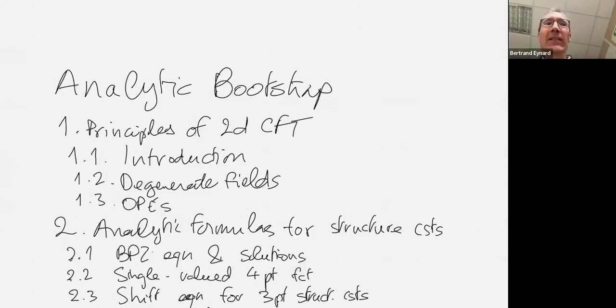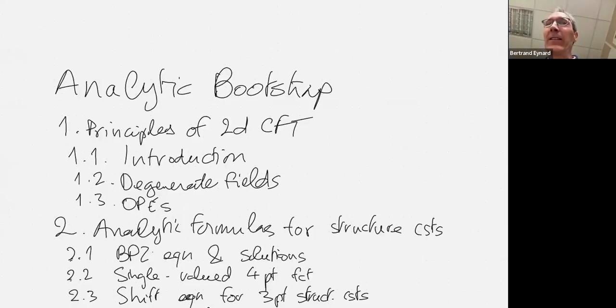To actually exactly solve a CFT, we need more than just conformal symmetry. We need also the existence of degenerate fields. And then this can lead to solutions of CFTs like Liouville theory or minimal models. And that's what I want to explain in this lecture.